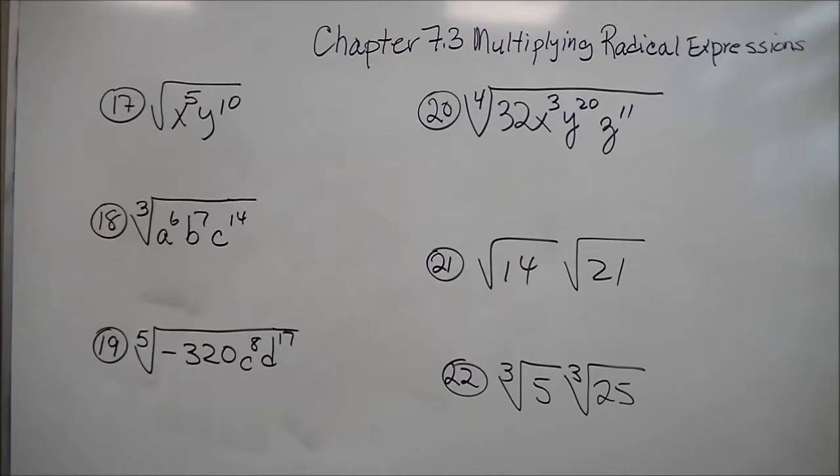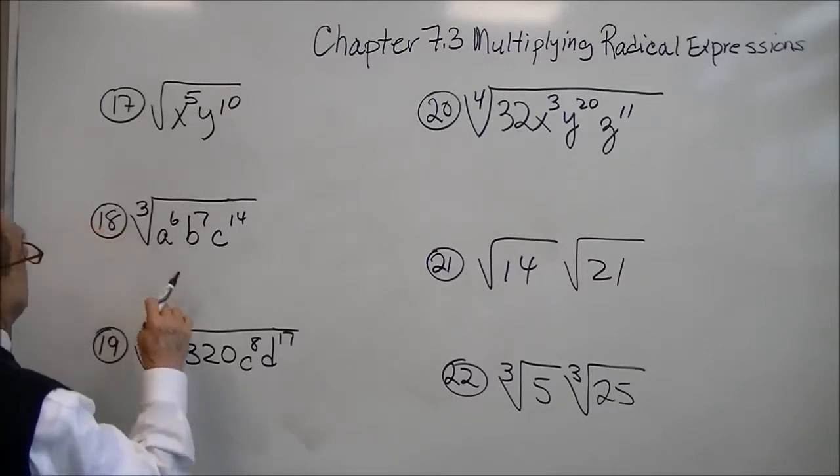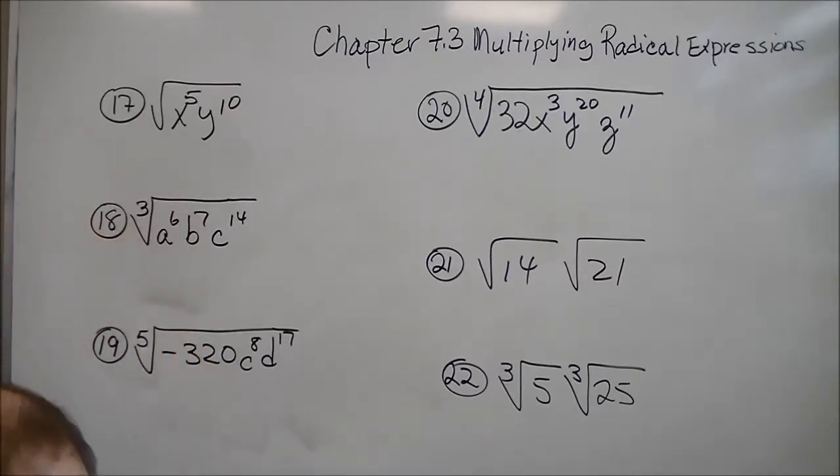All right, going on. Again, it's nice to have an easy one from time to time. Did I copy that one down correctly? Let's see here. That's number 17. Yes.